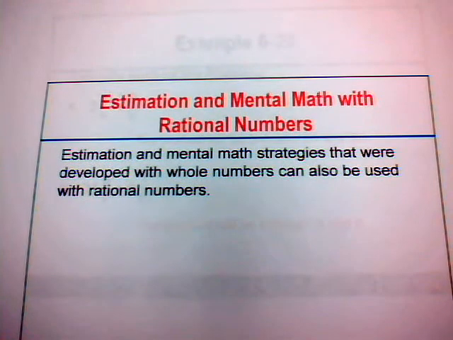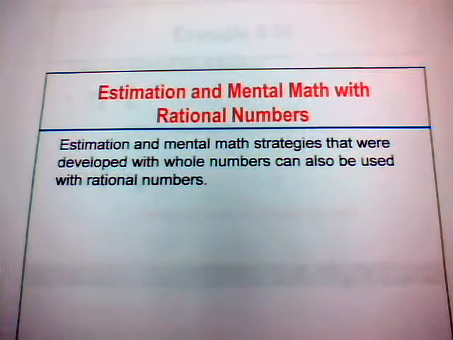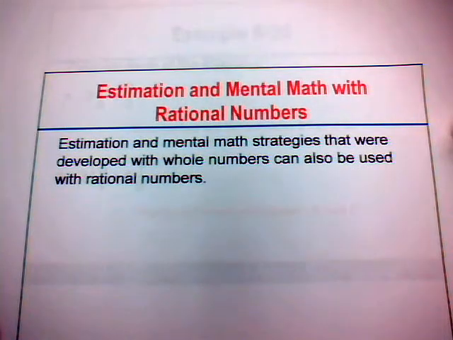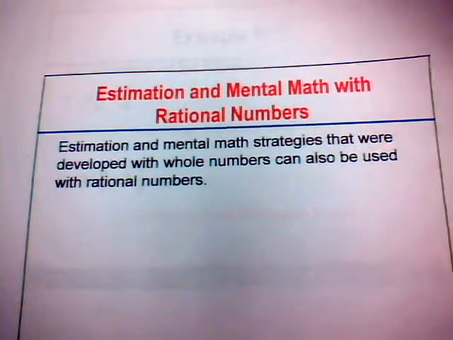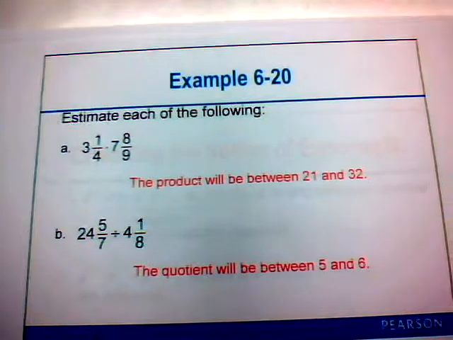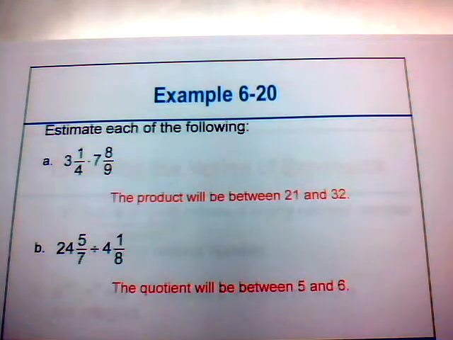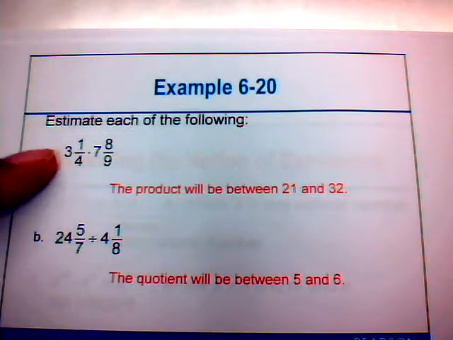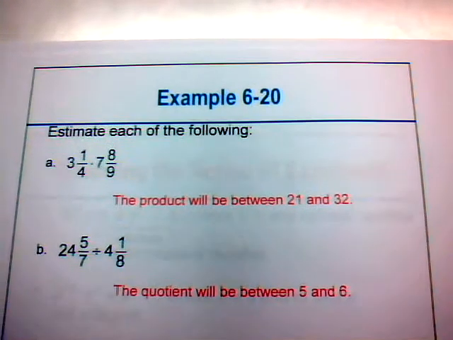Okay, now let's look at estimation and mental math with rational numbers. Estimation and mental math strategies that were developed with whole numbers can also be used with rational numbers as well. Let's say we want to estimate 3 1/4 times 7 8/9. Okay, now they used range estimation.